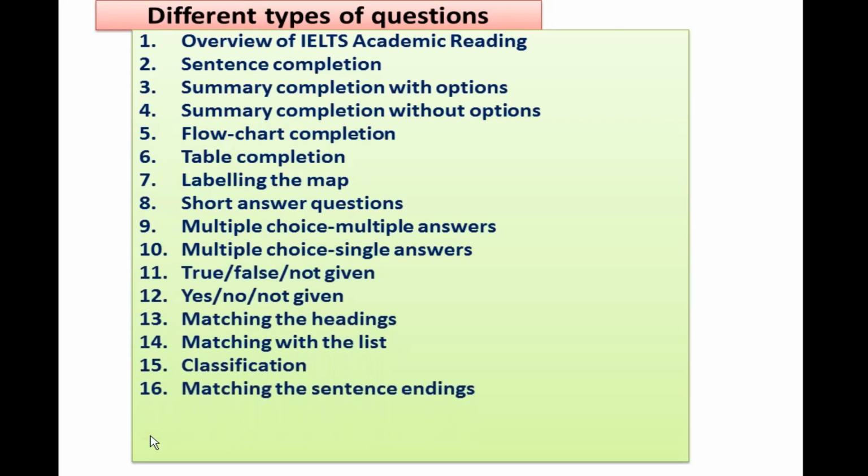You might not be aware that so many types of questions are asked in IELTS, but that's the truth. Note completion, and then I'll give you 5 practice sets that you can practice and evaluate yourself.